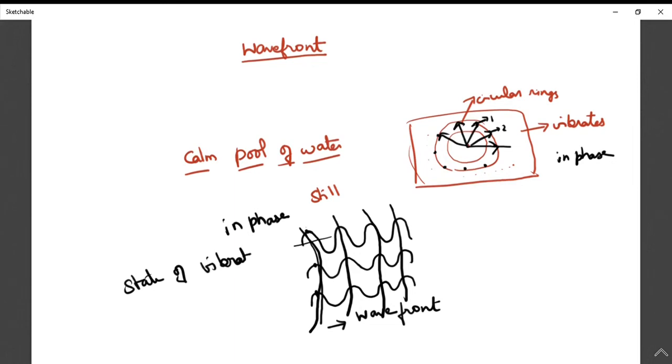How can we define the wavefront now? It is the envelope that covers all the particles which are in the same state of vibration. Another term for that envelope is locus.